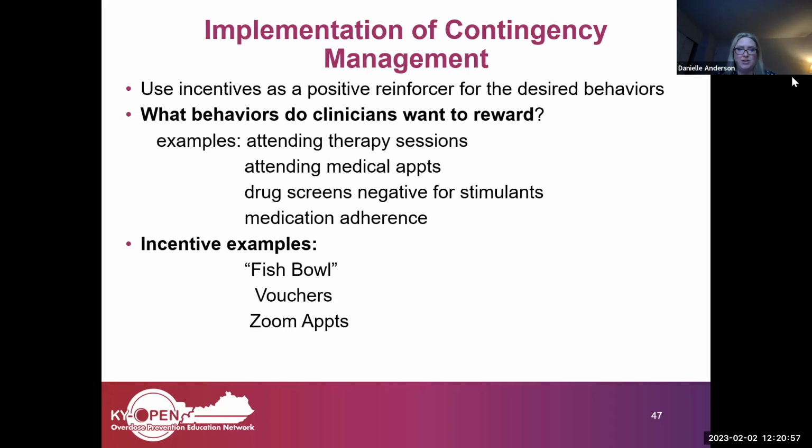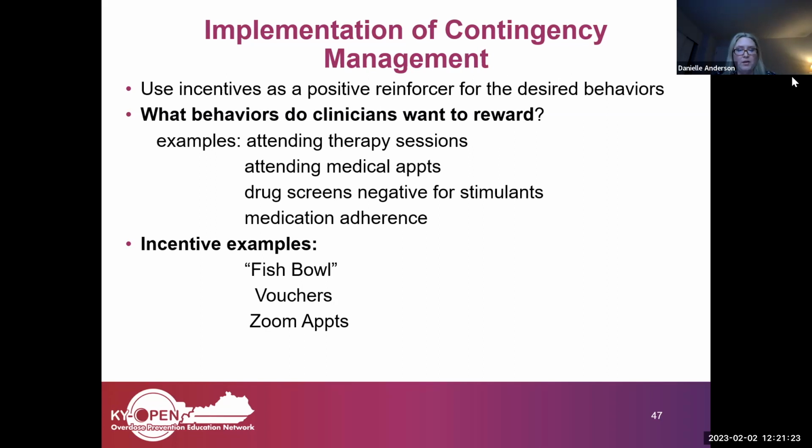Attending therapy sessions, attending medical appointments, drug screens negative for stimulants, or medication adherence. And studies have shown a couple ways to do this. There was a fishbowl method where patients were able to draw a token from a fishbowl for a chance to win a prize of varying value, say if they had 3 negative drug screens for stimulants.